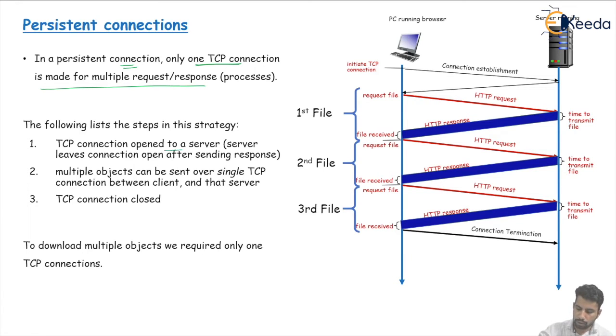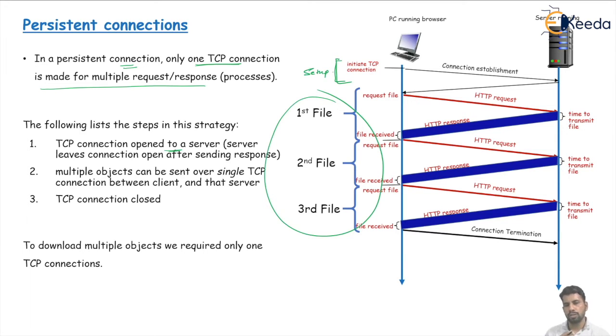The TCP connection is open to a server all the time. Here you set up the connection. Here the connection setup phase takes place. After that, your data transfer phase will take place, and you can send any number of requests.